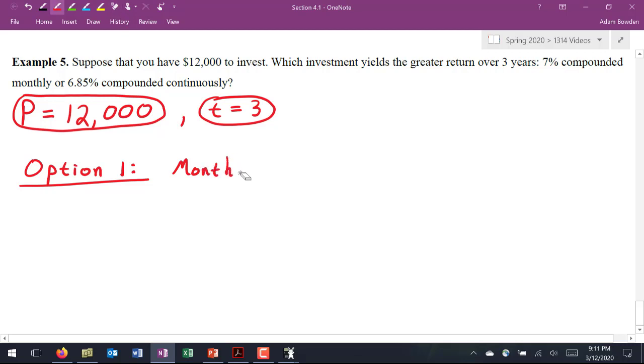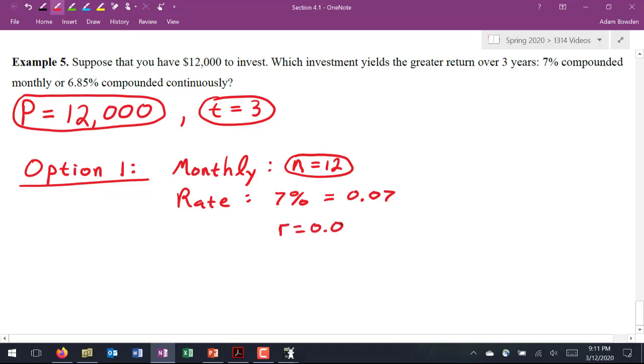So that's going to be, again, 12 times per year, and so n would be equal to 12. Also, the interest rate, it says, is 7%. So we change that into a decimal, that'd be 0.07. So R is equal to 0.07 for the interest rate.